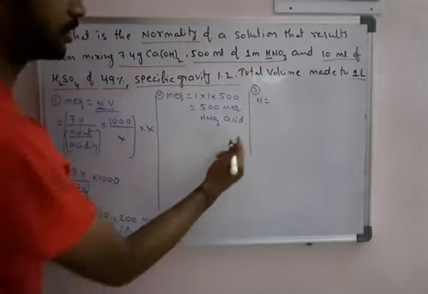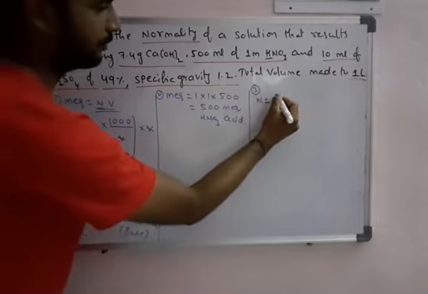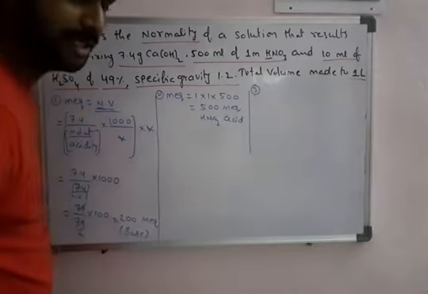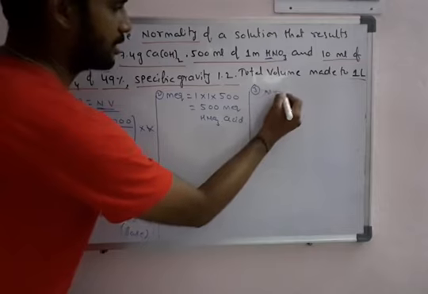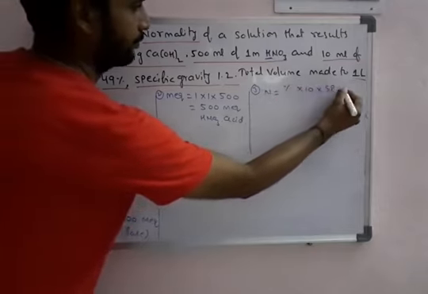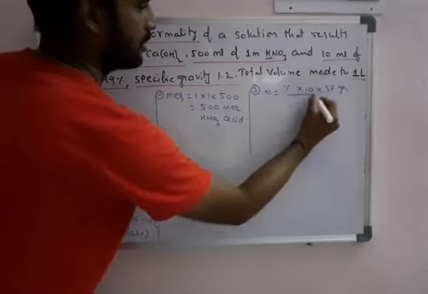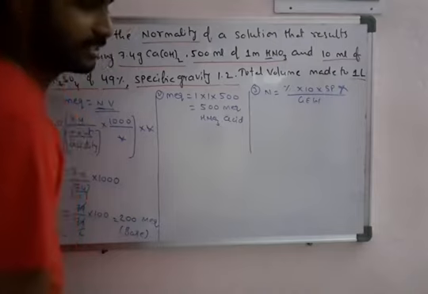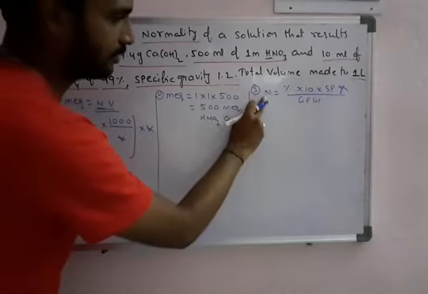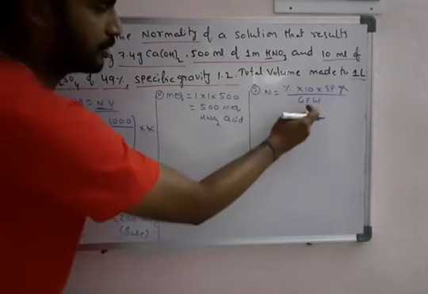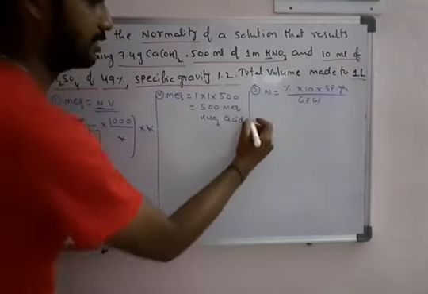If percentage is given, the formula of normality is percentage into 10 into specific gravity by gram equivalent weight. We are calculating normality, that's why we are taking gram equivalent weight. If molarity, we can use gram molecular weight.